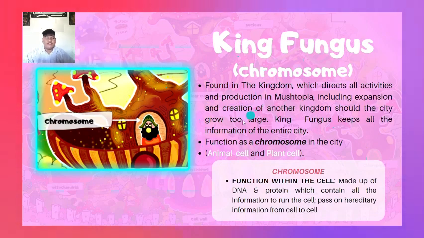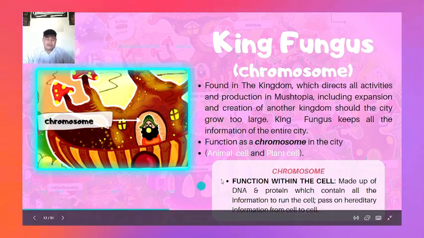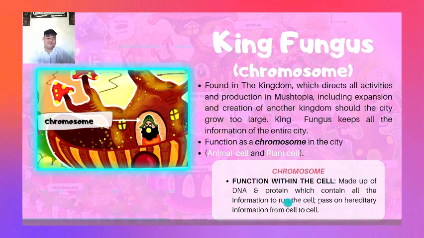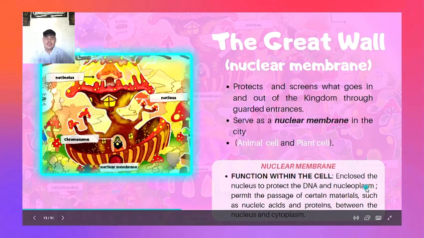King Fungus functions as a chromosome in the city, which can be seen also in animal cell and plant cell. King Fungus and the chromosome are related because just like a chromosome, it is made up of DNA and protein which contain all information to run the cell, and it passes on hereditary information from cell to cell.